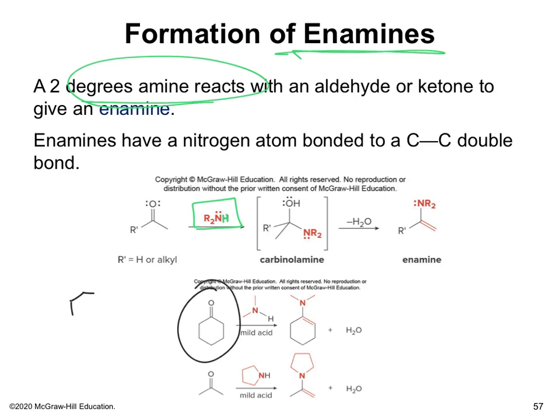So you take your ketone, and you're going to have mild acid, so you go ahead and protonate the carbonyl oxygen to activate it, to make it a stronger electrophile. And now you have a secondary amine that will do nucleophilic attack to make your tetrahedral intermediate.